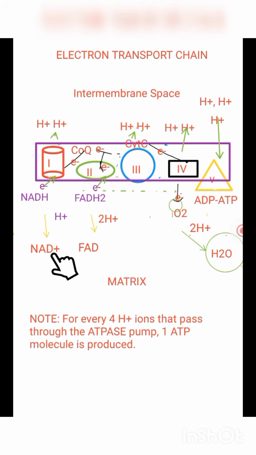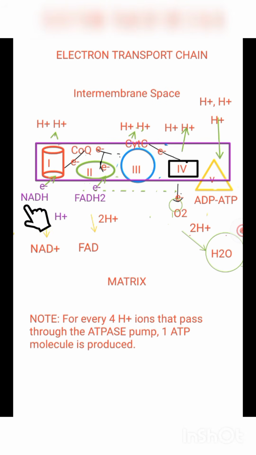Now, these proton pumps, the one in complex 1, the one in complex 3, and the other in complex 4, will pump protons into the intermembrane space. But the question is, how many protons are pumped by each of these proton pumps per mole of NADH and FADH2?